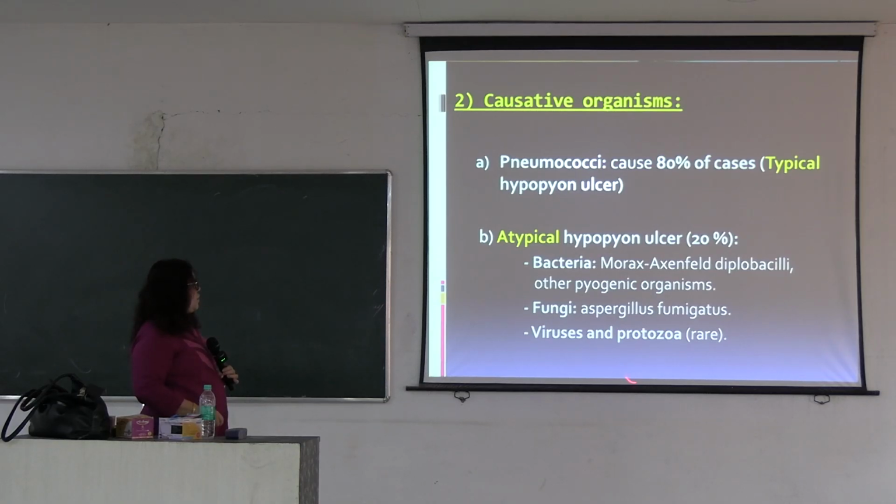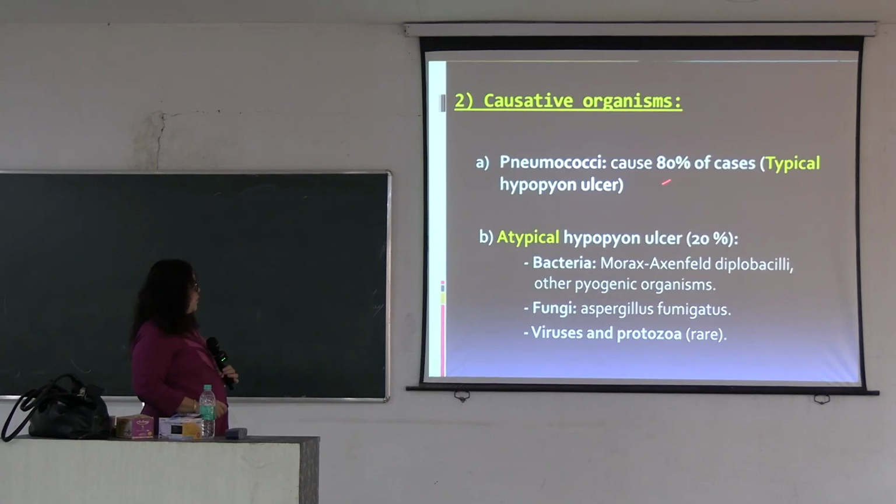So 20% is caused by bacteria, the Morax-Axenfeld bacilli, which also cause angular conjunctivitis, and pyogenic organisms. The second one is fungi, it may be Aspergillus fumigatus, and also virus and protozoa. These are very rare, but the most common are the bacteria, Morax-Axenfeld bacilli, and fungi.